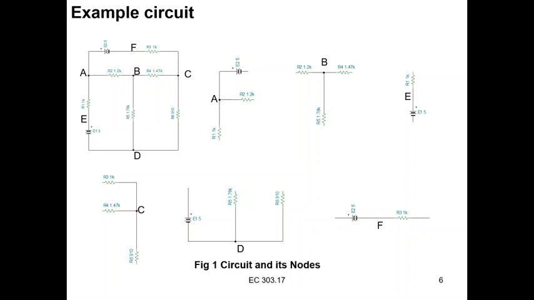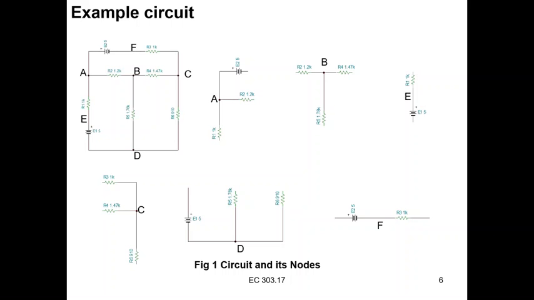See, this is the circuit, and it has 6 branches and 4 nodes. What are the nodes? A, B, C, D are the 4 nodes. Node A is formed by connecting the branches R1, R2 and the voltage source E2.5.